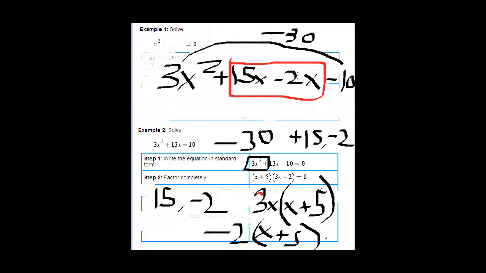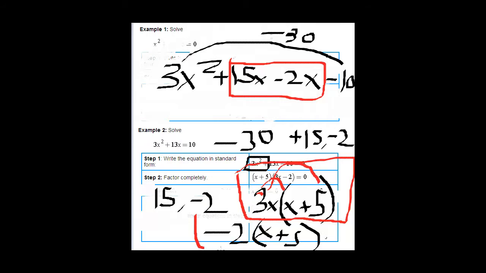So we know these are the right numbers to put right here. 15, negative 2. So we know we want to use that in our problem. So we just separate them. And now we got down here 3x. So 3x times x plus 5 gives 3x squared plus 15x.